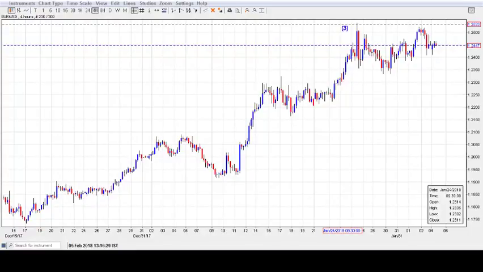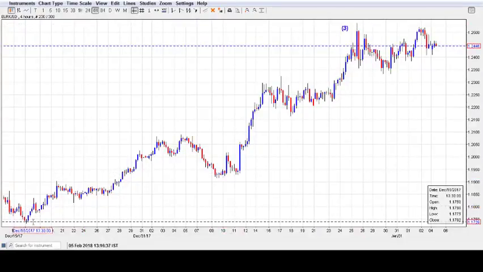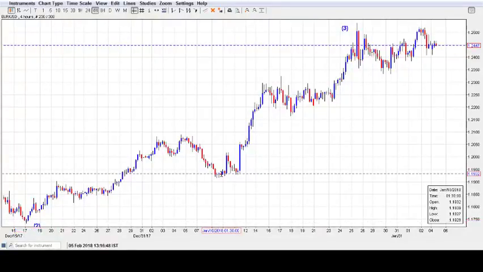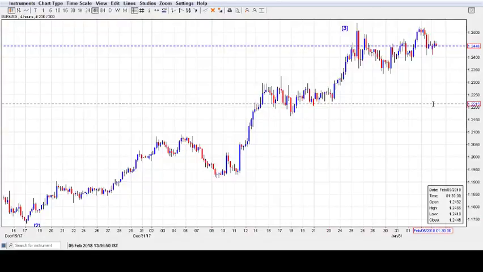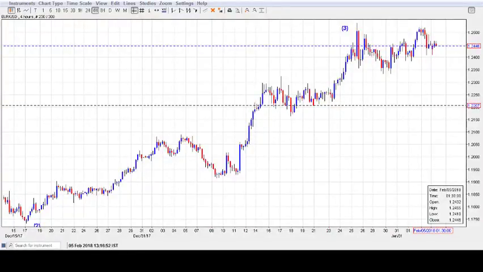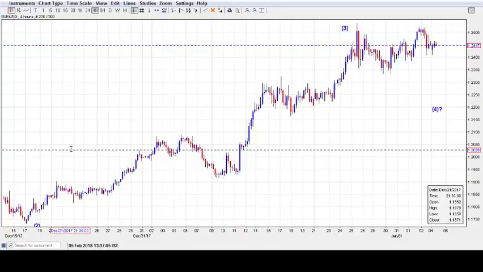We are anticipating that the third wave has terminated around the 2537 mark, the second wave being terminated around the 1717 mark, and now we are expecting wave 4 to turn out somewhere around here.